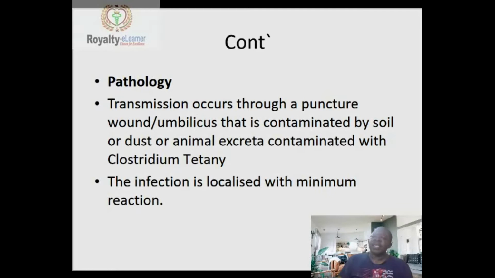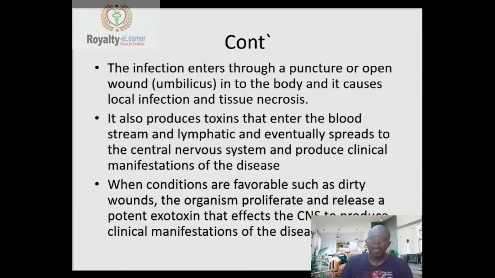The infection is localized with minimal reaction. The infection then enters through a puncture or open wound, the umbilicus for example, into the body, and it causes local infection and tissue necrosis. It also produces toxins that enter the bloodstream and lymphatics, and eventually this spreads to the central nervous system and produces clinical manifestation of the disease.